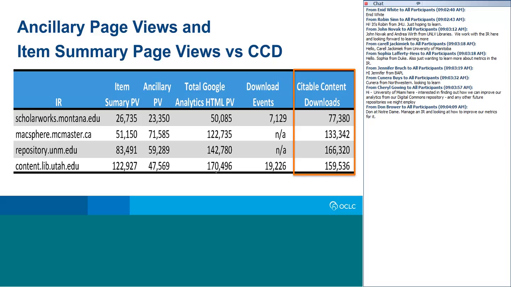You can see that 2 of the repositories we looked at just didn't have it turned on at all. And the repositories that did have it turned on counted just a fraction of the download events of the total that we were able to capture using Google Search Console.